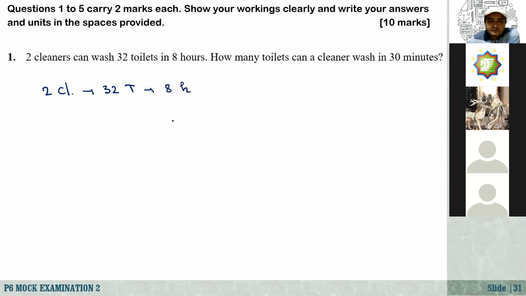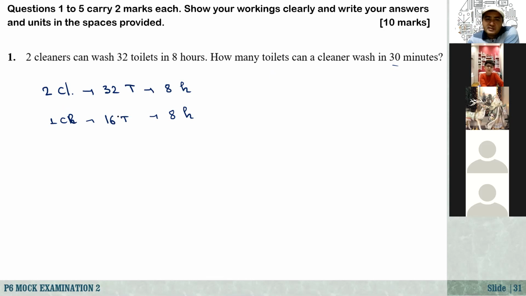So it means that one cleaner, and how many in 30 minutes? First, if we have one cleaner only, and let's say he worked for 8 hours, how many toilets can he clean? Only 16, right? Because if two people, one 16, another one 16, together in 8 hours, they can clean 32. But if only one cleaner works, he can clean only 16 toilets.